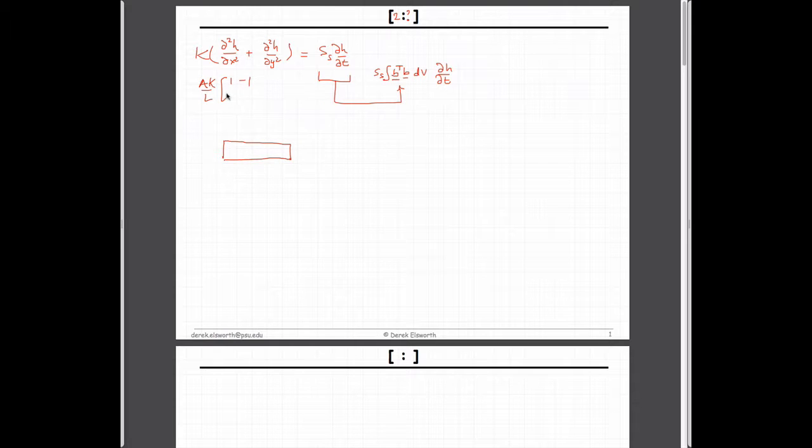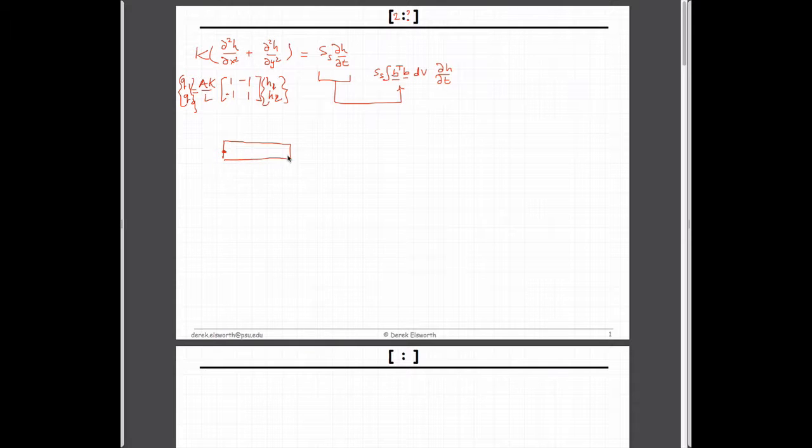You've seen this many times. H1, and this is equal to Q1 and Q2. These are the fluxes out of the system. Getting a bit crowded, I realize.